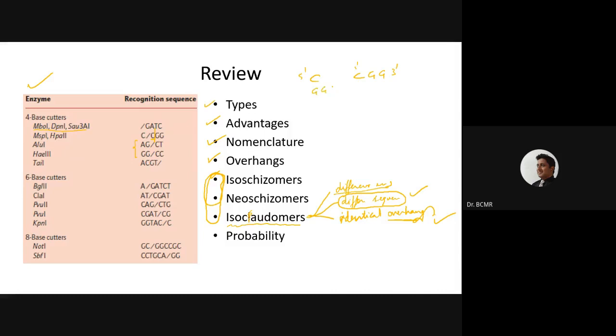GGC, and here you have this, right? This is the overhang. One second. Is that right? Yes. So there is only one base. Oh, wait. I made a mistake. One second. It is only a 4 base cutter, so I need to keep that in mind.